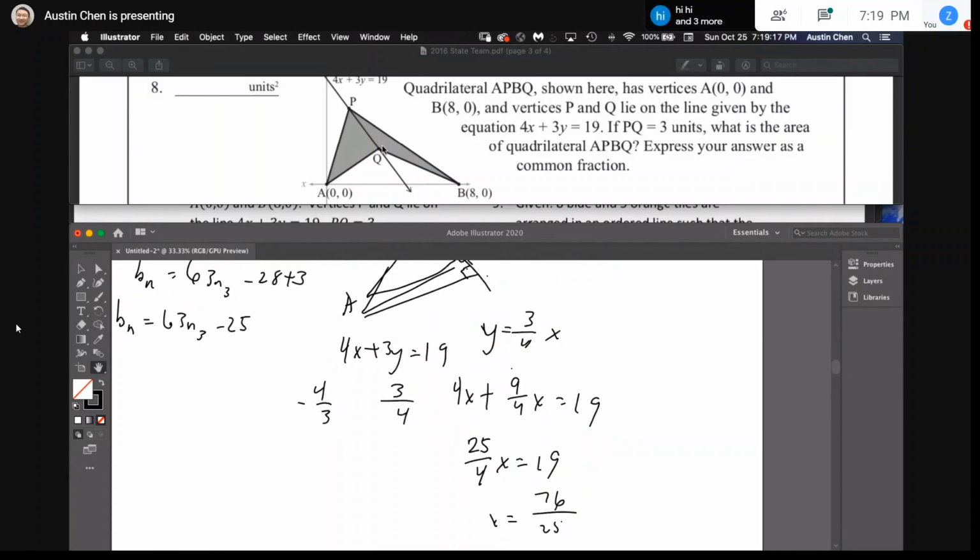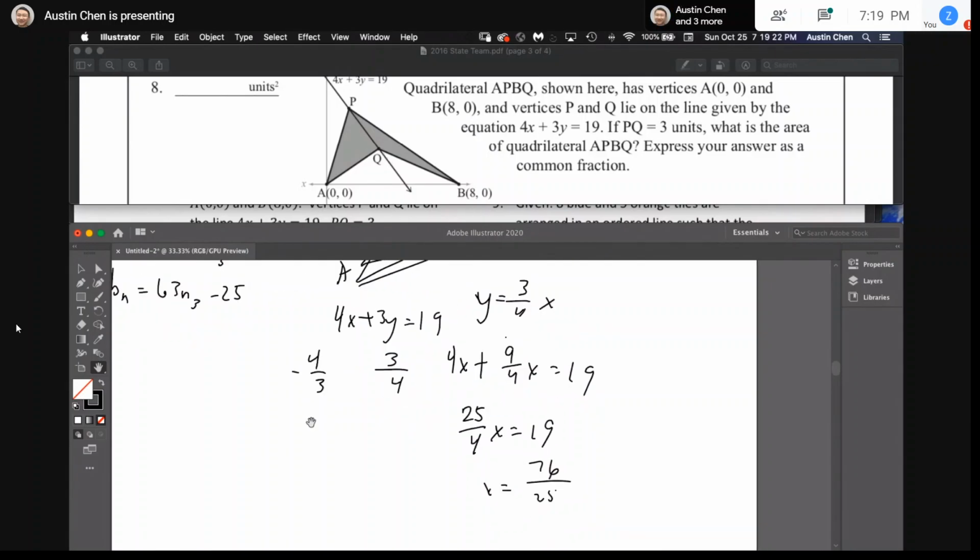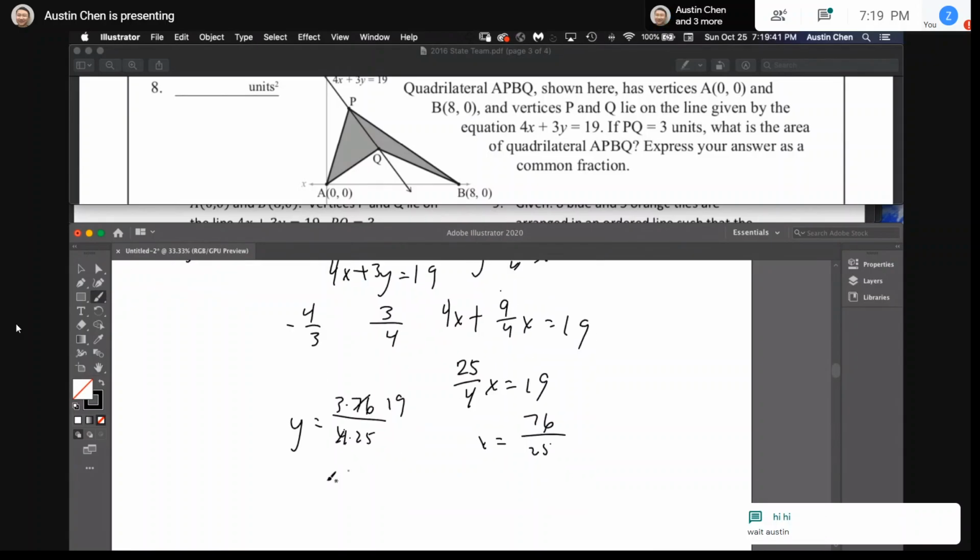All right, so we know the point is at x equals 76 over 25, and that means its y is going to be 3 times 76 over 4 times 25. You can simplify a little bit. So, this goes into 4 actually. So this is 19, and y is 3 times 19 over 25, which is just 57 over 25.